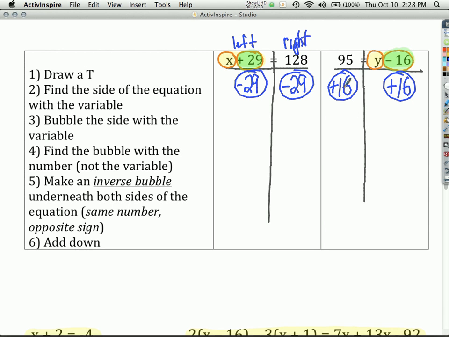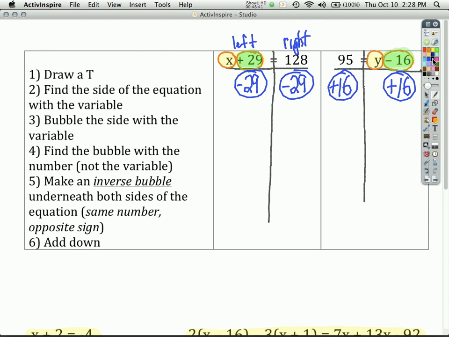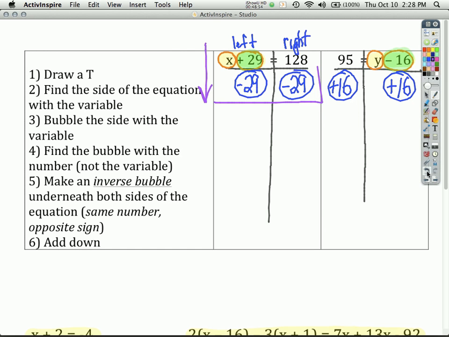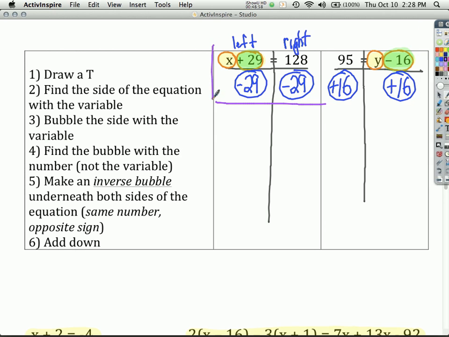And now, like in elementary school, just like we were taught, we draw a line and then we add down. But we add down in columns, just like I illustrated before. So we're adding down.